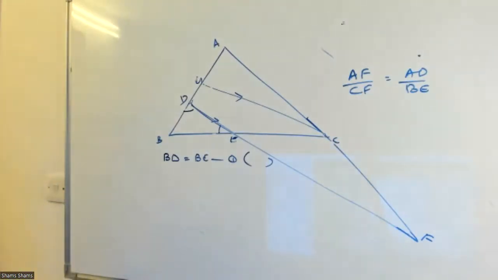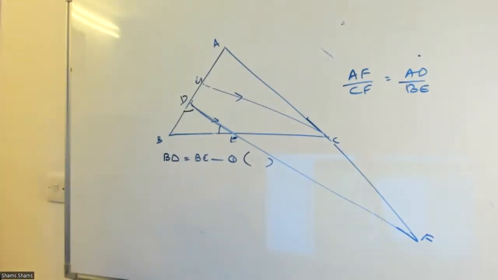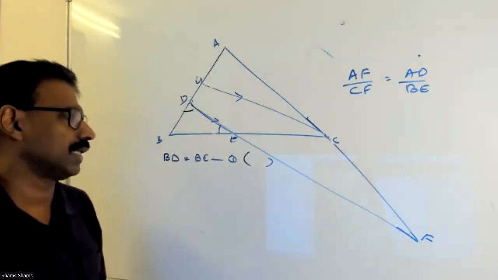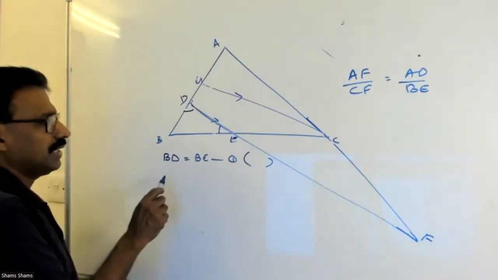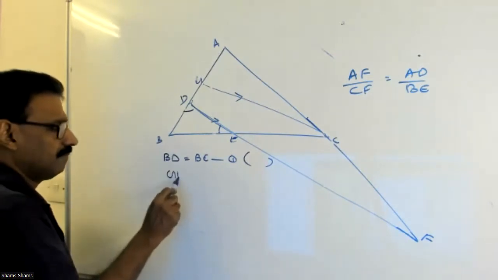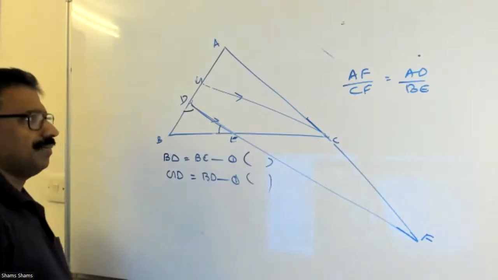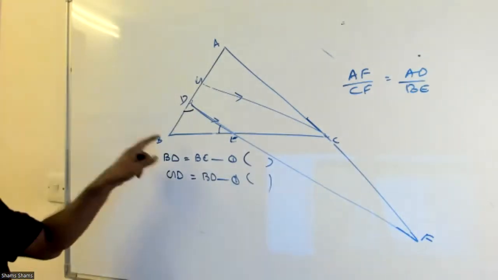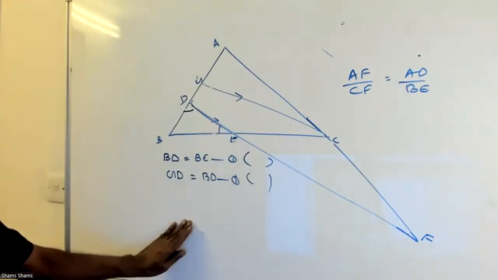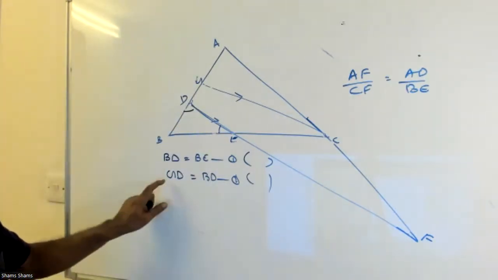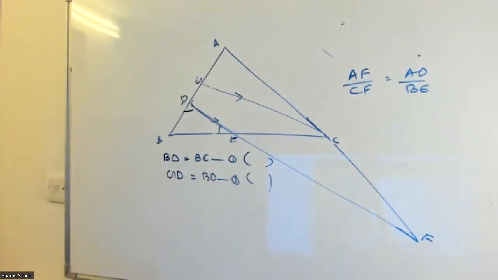Then by converse of midpoint theorem, D is the midpoint of BG. That is, GD equals BD. Number 2.